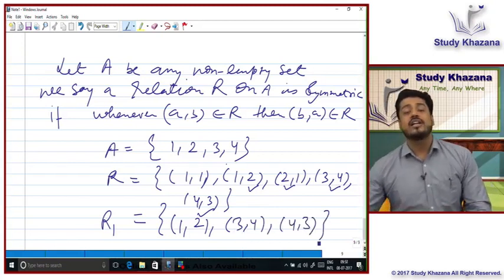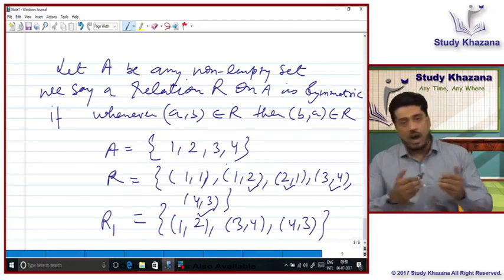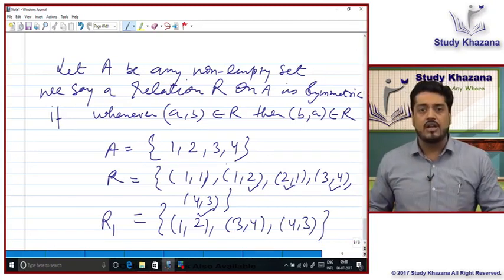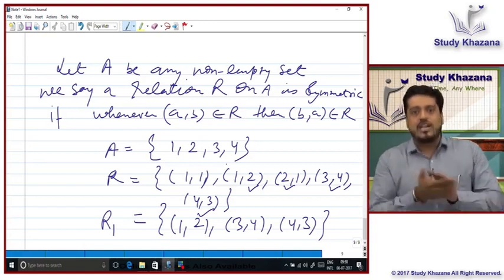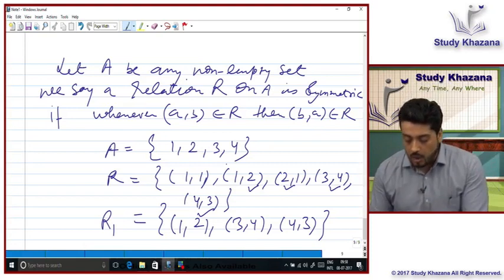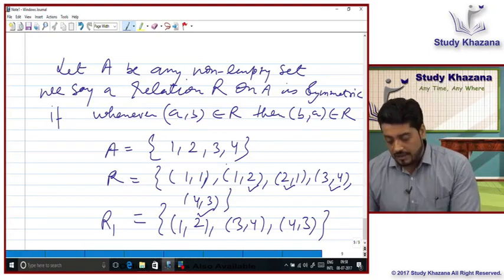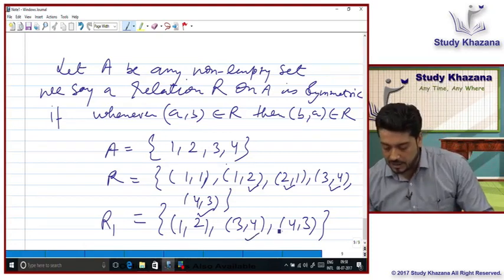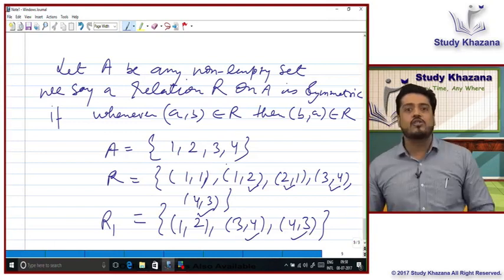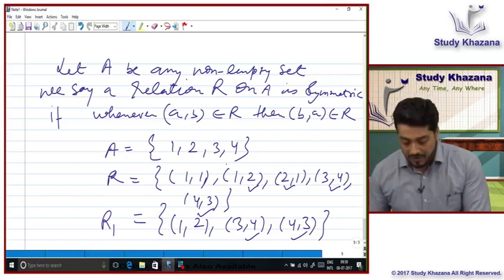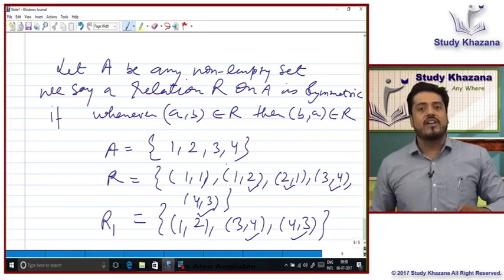Now again the question is, is this relation symmetric? Again I'll proceed with my definition. Whenever an ordered pair (a, b) is there, I need to check whether (b, a) is there or not. Now (3,4) is there, and (4,3) is there, so this tuple satisfies the condition for symmetry. But (1,2) is there, and (2,1) is not available.